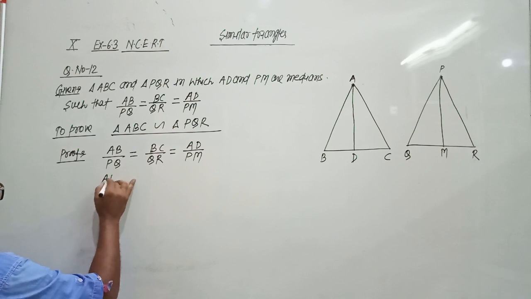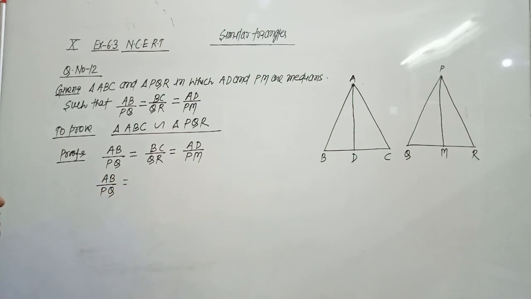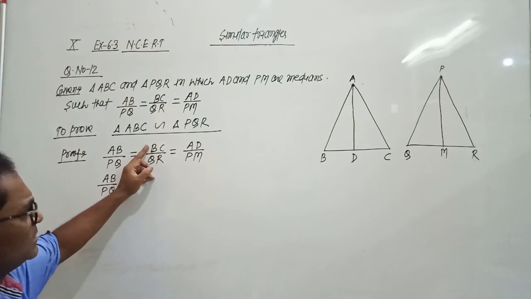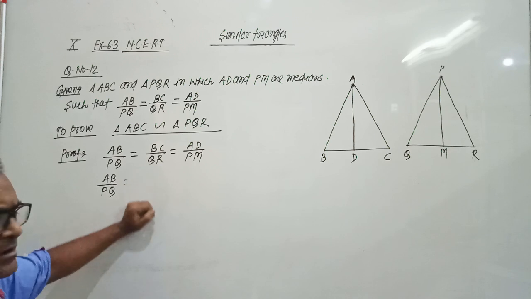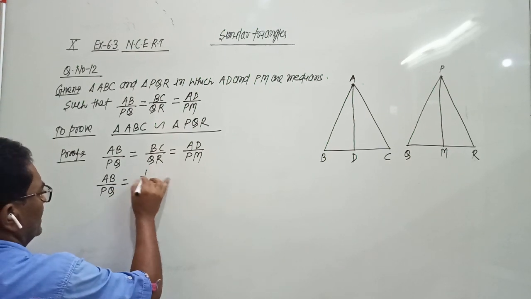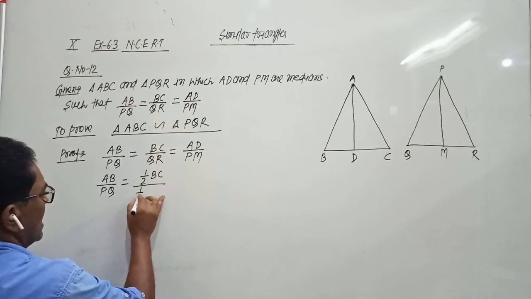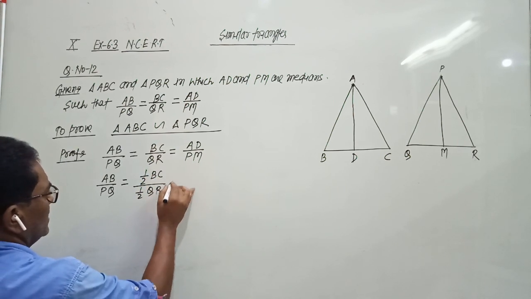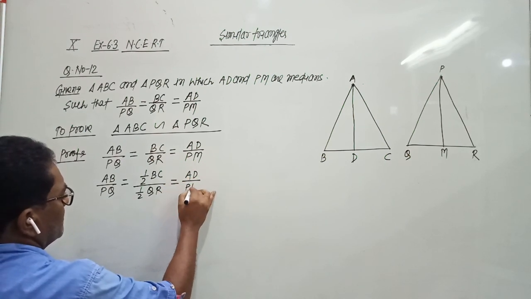So AB upon PQ as it is, and multiply BC and QR by half. By same quantity we can multiply in numerator and denominator. So half of BC upon half of QR equals AD upon PM.